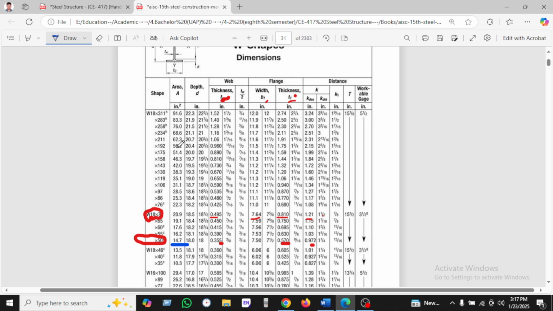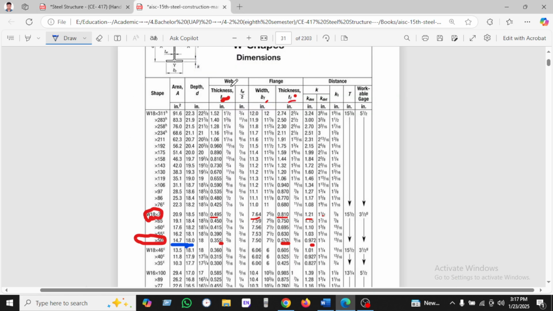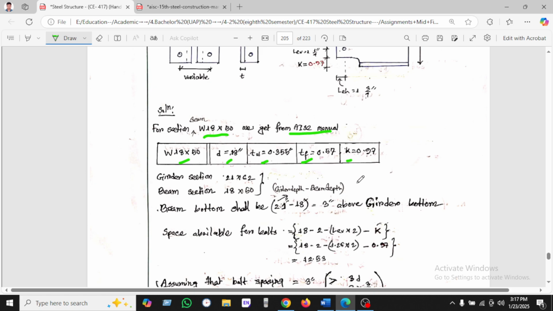The area is 14.7 and the depth is 18. So depth 18 is taken here, and TW and TF are also here: TW is 0.355 and TF is 0.57. All that is taken from the AISC manual.